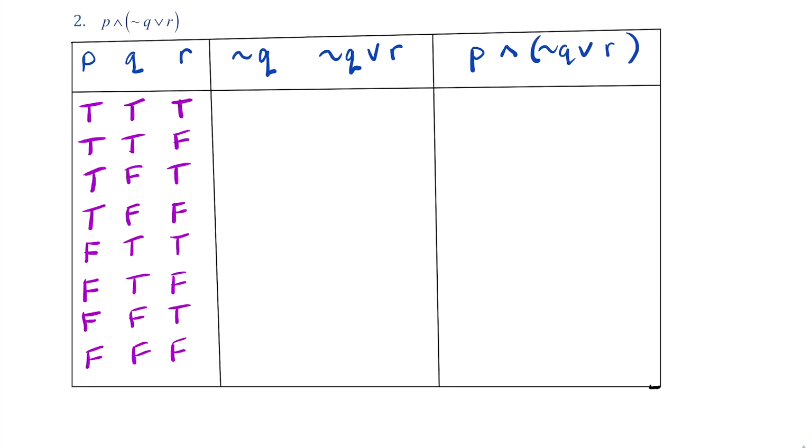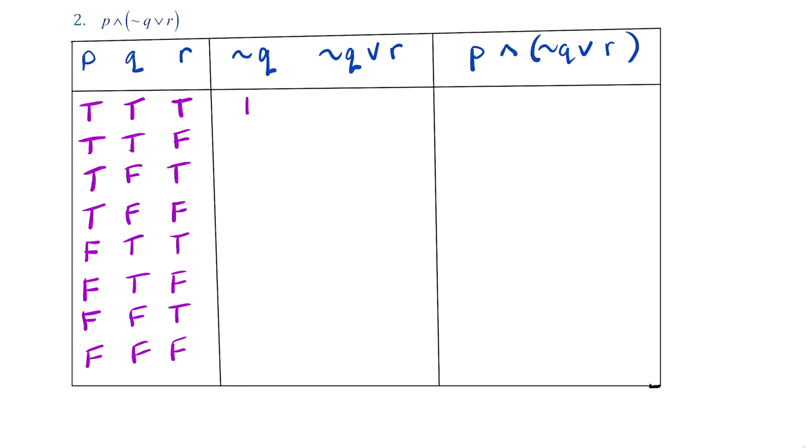Awesome. Now, if we take a look at not Q. So to ascertain that, we're just taking a look at the truth values that are under Q, and we're going to negate them. So we would end up with false, false, true, true, false, false, true, true.